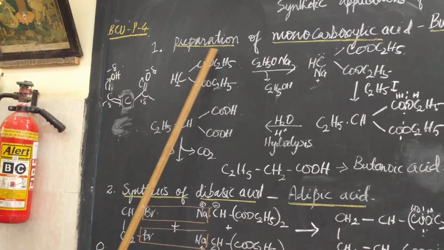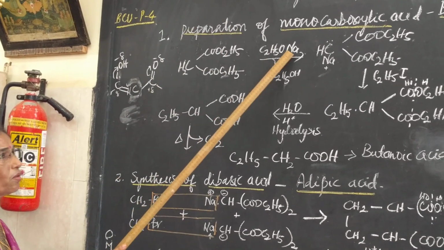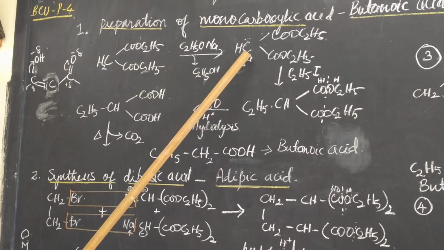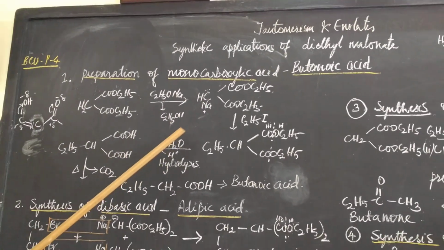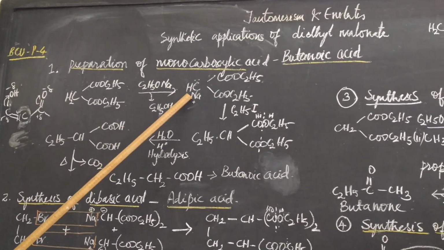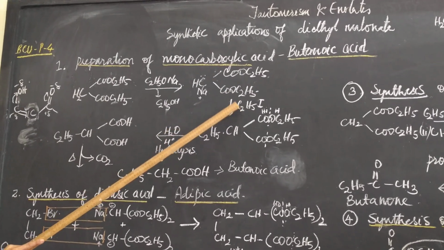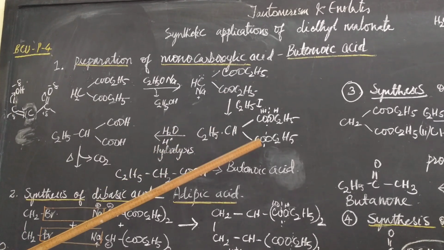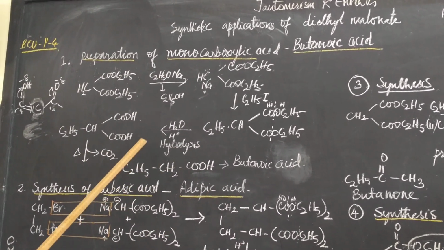This is an ester of malonic acid, therefore this is diethyl malonate, which is always converted into a sodium salt of the diethyl malonate. A sodium salt is more soluble, and therefore it becomes very reactive. It can react with alkyl halides and give rise to many compounds which have a lot of synthetic applications.